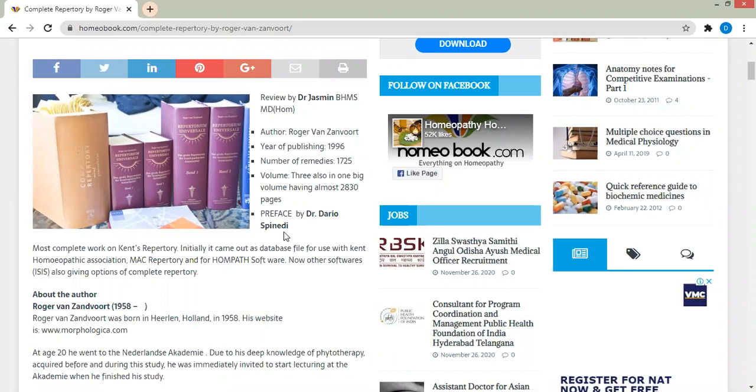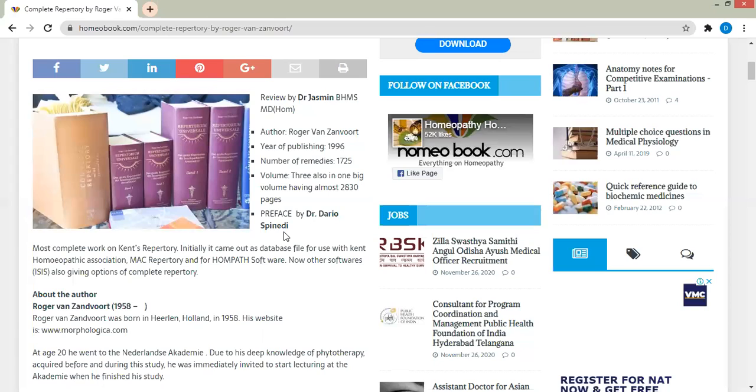He also included the rubrics and some important information from BPCR, as well as many other existing repertories present at that time. He also added important symptoms as well as remedies in his repertory, which is called the Complete Repertory.